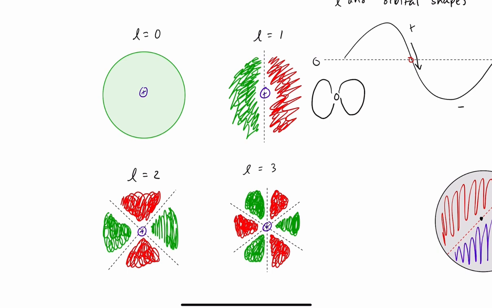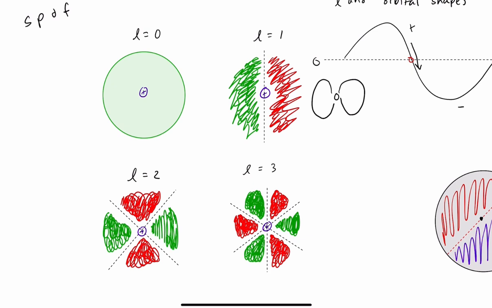So you're going to hear the terms S, P, D, and F a lot in chemistry. It has a lot to do with electron configurations, the periodic table, and some properties of atoms. So let's assign the letters to each of our angular momentum quantum numbers.